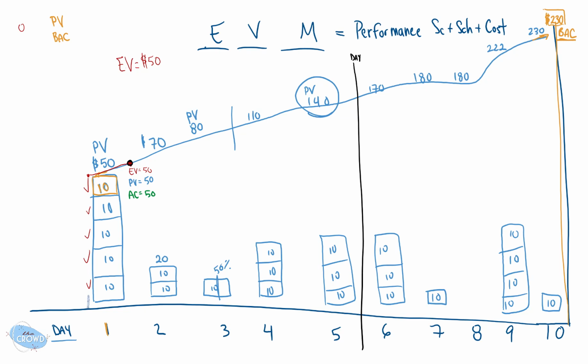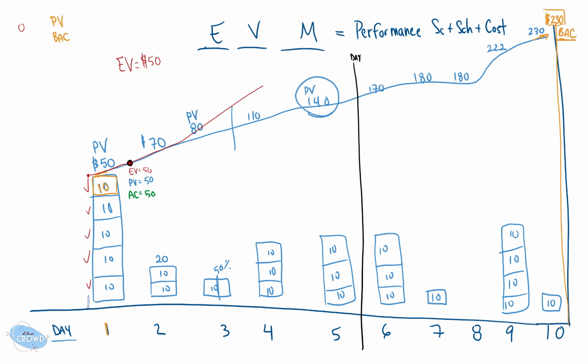But this is the plan that we're gauging ourselves against, so we need to know the values with which to analyze whether or not we are performing in terms of the expectations. So this line was our earned value.